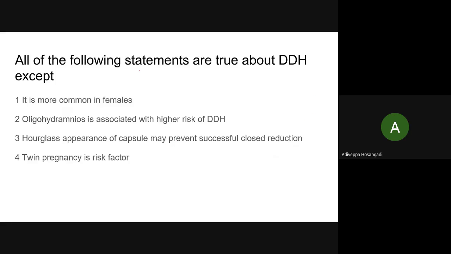So, all the following statements are true about DDH, except... Whenever there is a question like this, you should know the topic thoroughly, only then will you be able to answer. As I said, Perthes and SCFE are more common in males, DDH in females.